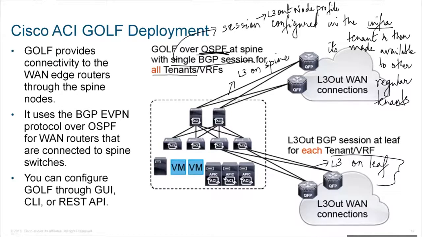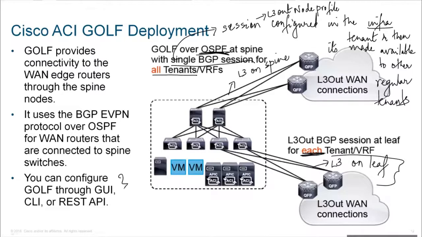Okay. So it is the OSPF protocol that we would be using here, peering with what we call the external device. It will need only one single BGP session rather than right here. Okay.